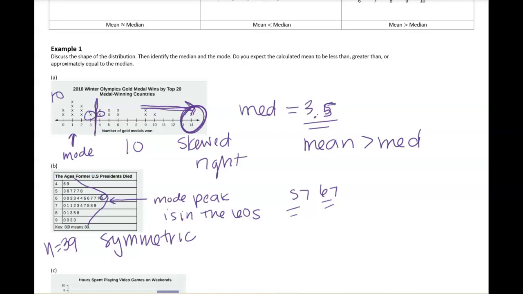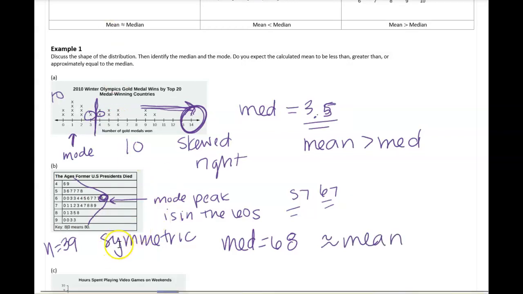And so that 20th data point is going to be our median, and then there should be 19 over here. That's going to be approximately the same as the mean because we have an approximately symmetric distribution here.